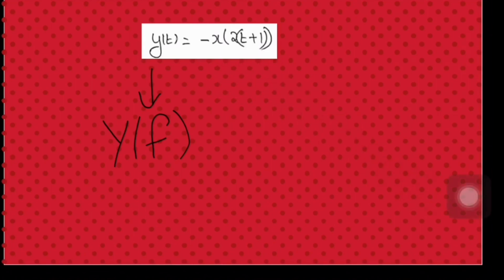We know the Fourier transform of x of t is represented by X of f. How can we find out the Fourier transform of x of 2 into t plus 1? In fact, for determining it, we need to use some properties of the Fourier transform. So, now have a look at some properties.